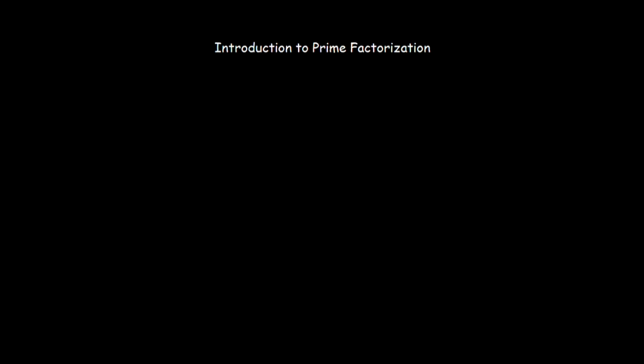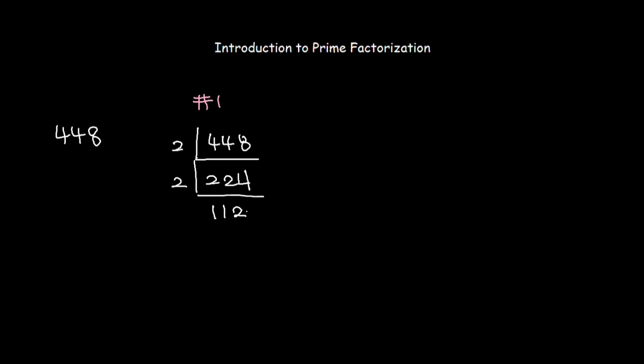The second number I'll be doing is 448. Again, I recommend you pause the video and resume it once you're finished working out the problem. So 448, let's first start with method number 1, the method I like to use. We can obviously start with 2 because that's the easiest one. 448 divided by 2 is 224, another 2 gives 112, another 2 gives 56.